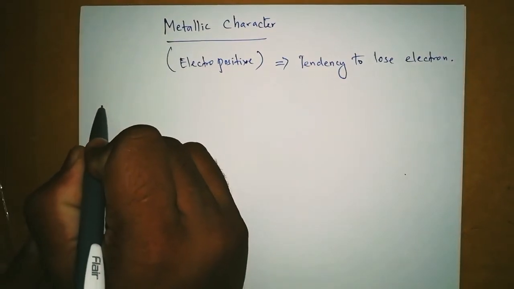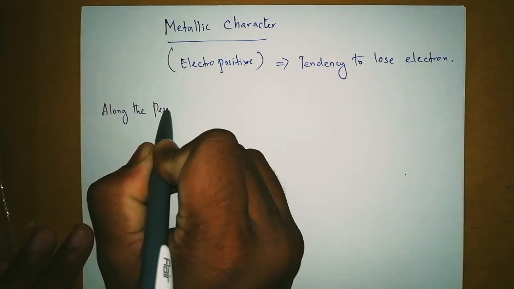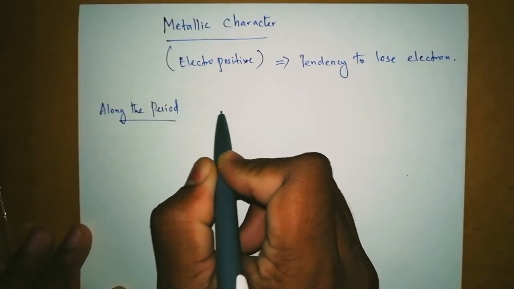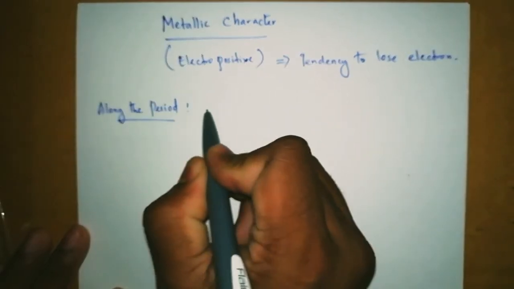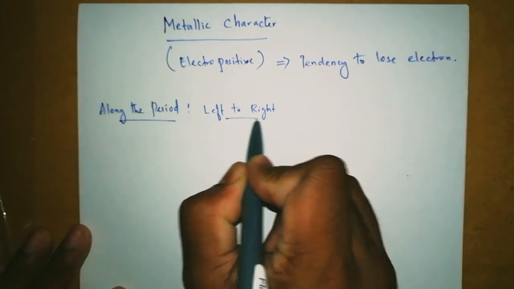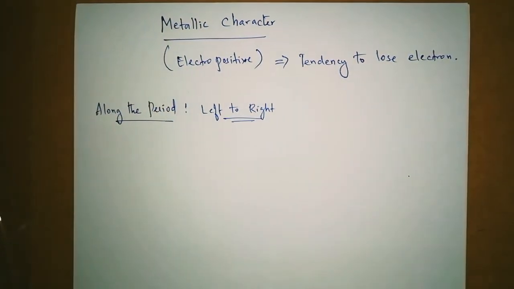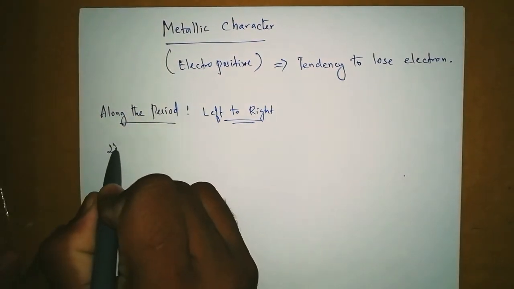So how do they behave along the period, for example from left to right? How does the loss of electron behave? Let's take some examples from the second period.